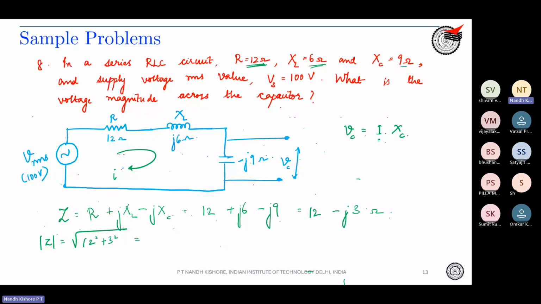That is how much? 12.34 ohms. Okay. And what is my theta?